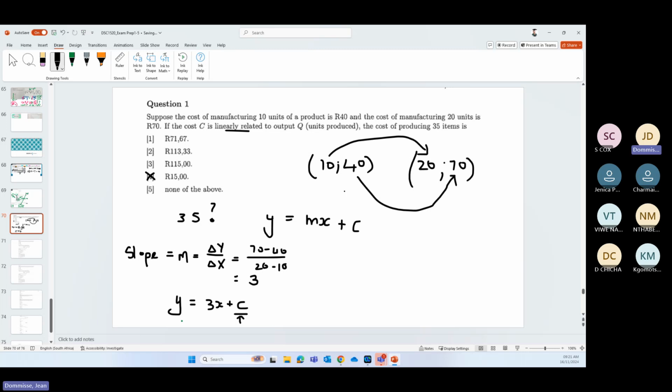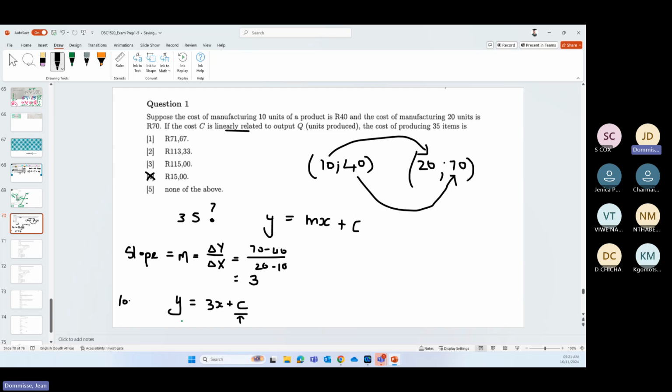Okay, so we first need to put in any one of those two points. So any one will work, 10 and 40 or 20 and 70, so that we at least can work out the full straight line equation, so that we have the C as well.